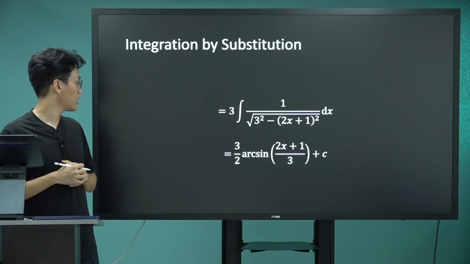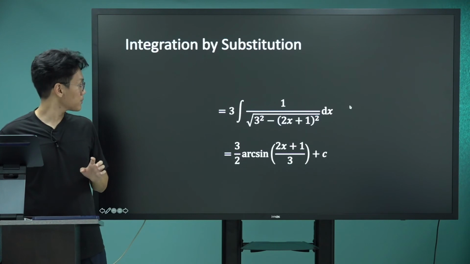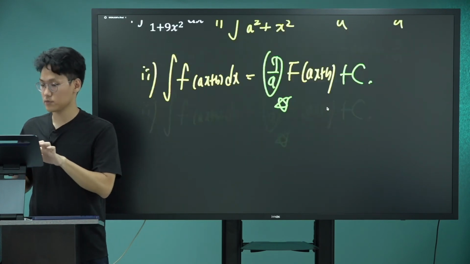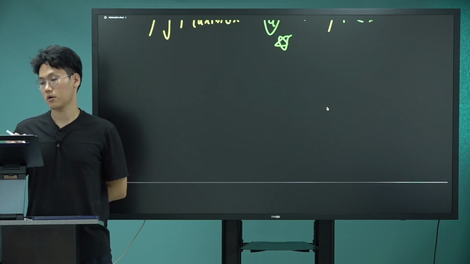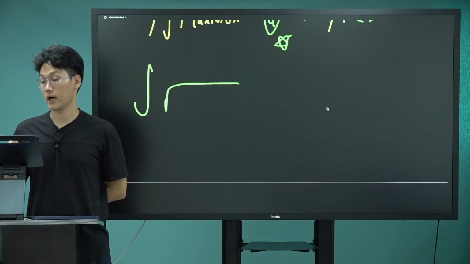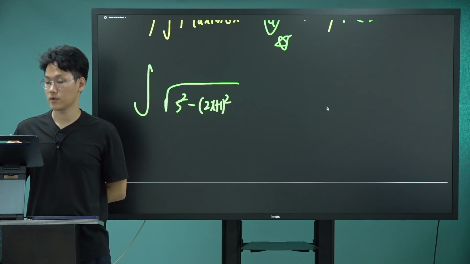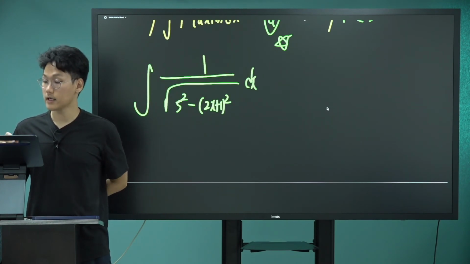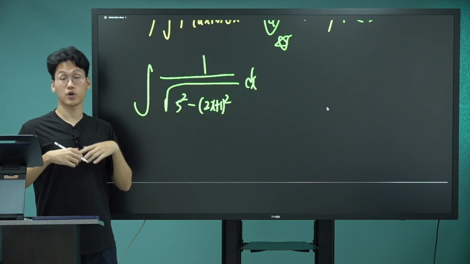Good job. Let me give another example. Suppose I try the square root of 5 squared minus 2x plus 1 squared. I know it's going to be something of an arc sine.